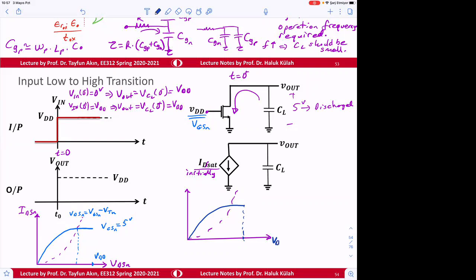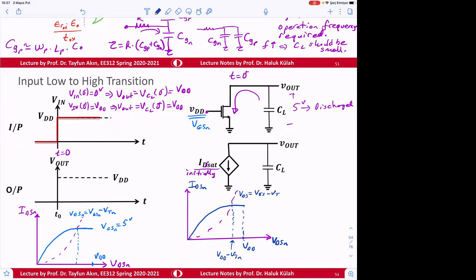So this is V drain to source of N. This is I drain to source of N. And this is the VDD line. And then this line here is the VDD minus VTN line. Why? Because V drain to source is equal to V gate to source minus VT.